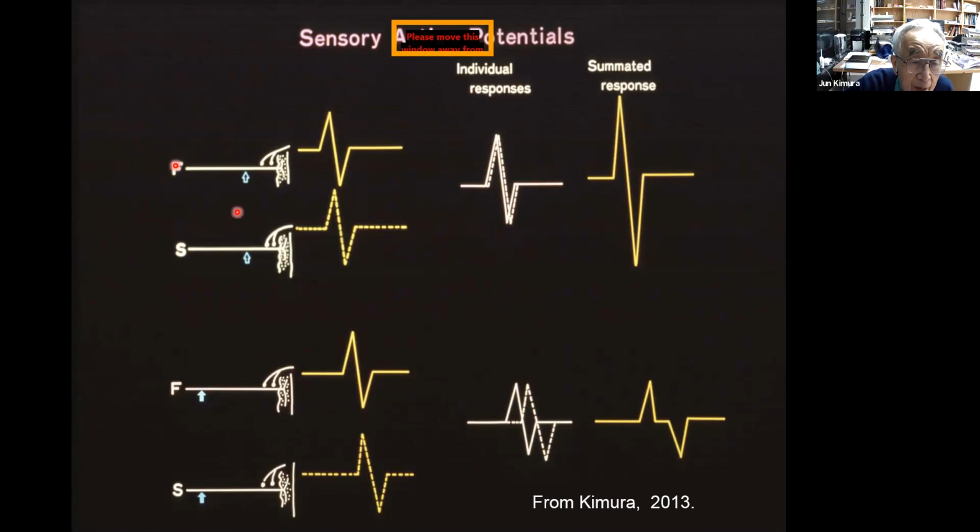And if you now stimulate, as you do a regular sensory study, a fast conducting axon, one single axon, at the wrist, you stimulate the nerve and you record from the nerve, right? So when you stimulate the nerve here and record from here, you get what we call a unit discharge. This is a unit discharge from one sensory axon.